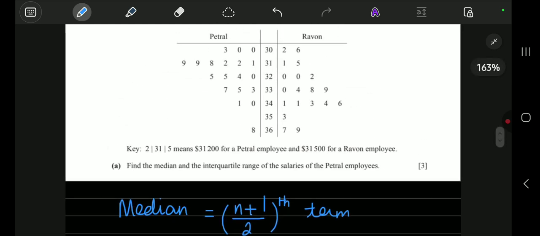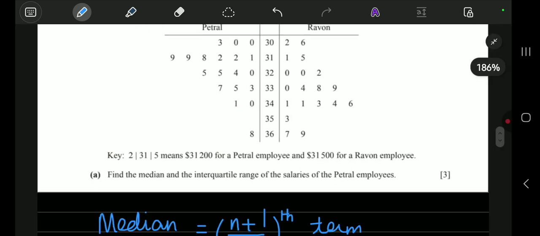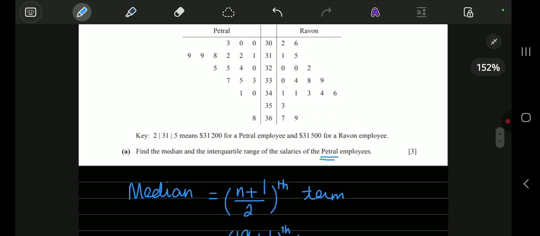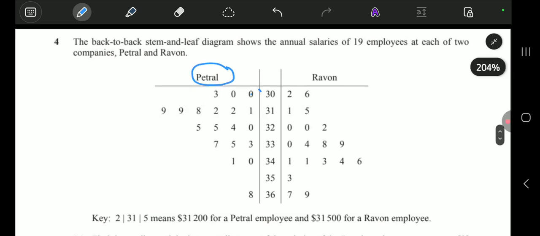Okay, what is the 10th term? They are asking about the Petrol employees, so we are looking for this side of the diagram. How do we read it? It is written in ascending order, this way 1 2 3 4 5 6, going far from the stem.